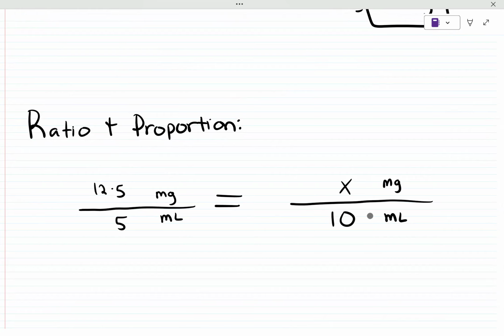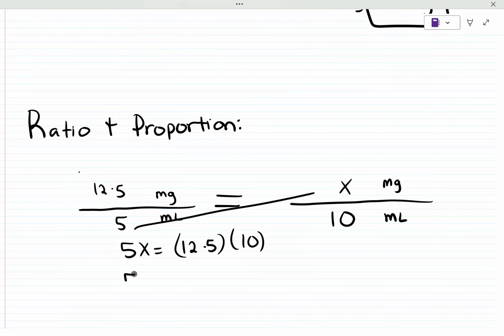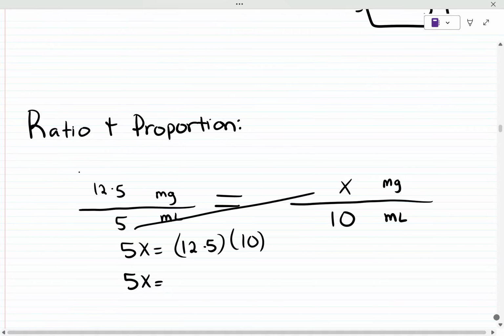We have 10 milliliters, that was what we started with. This is our availability, and this is what we have. Milligrams is our unknown. Cross multiply. That's 5x equals 12.5 times 10, so 5x equals 125. Divide by 5, and you get 25.